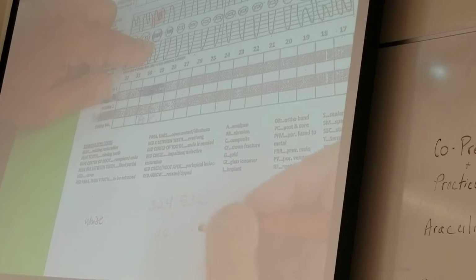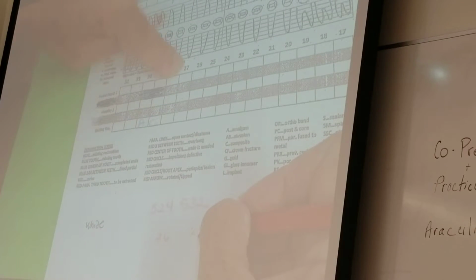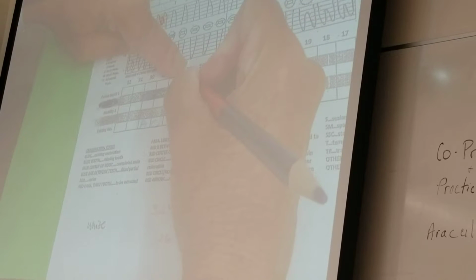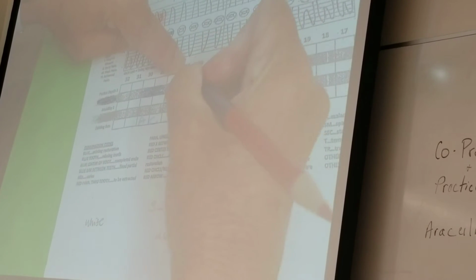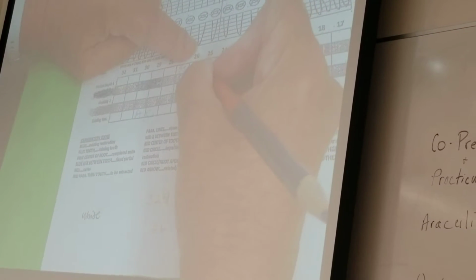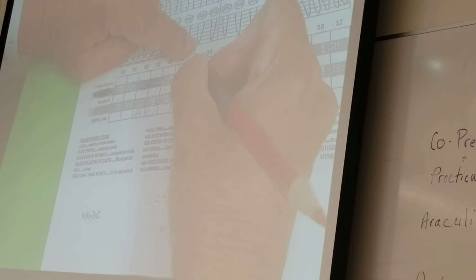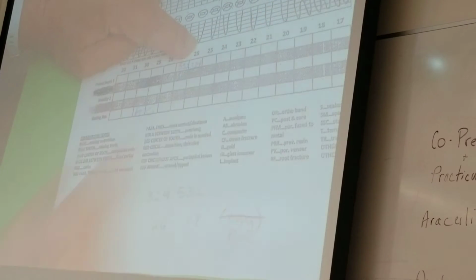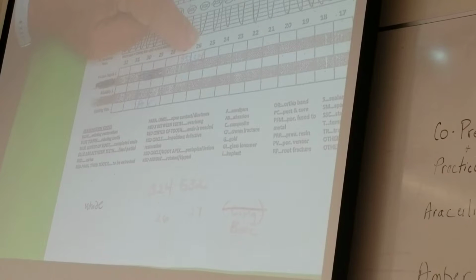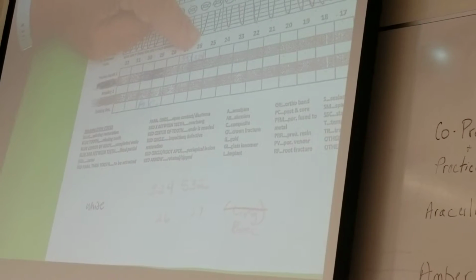Then 27 is 5, 3, 2, and it would be 3, 2, 4 if it was the other way around.